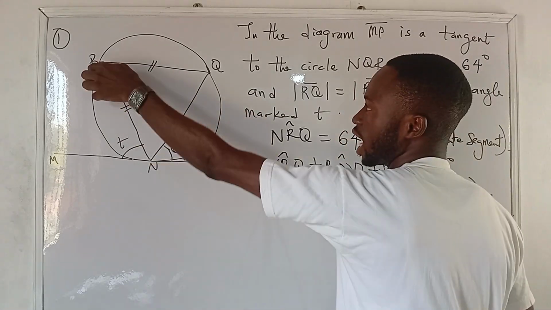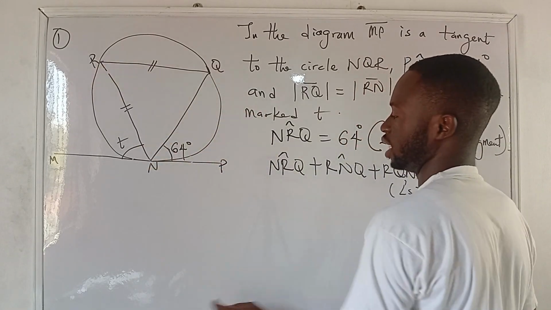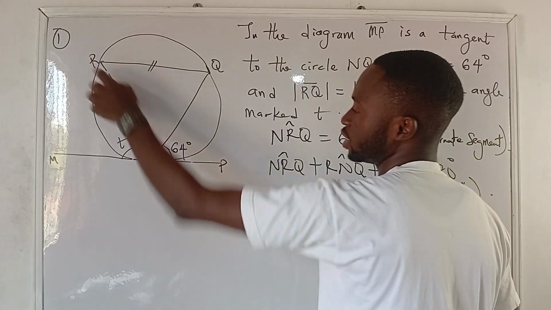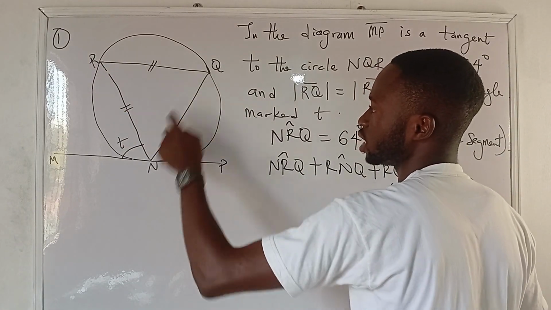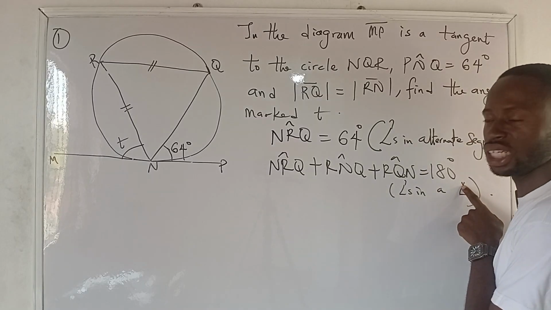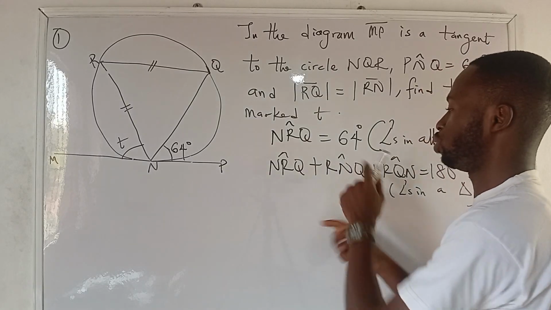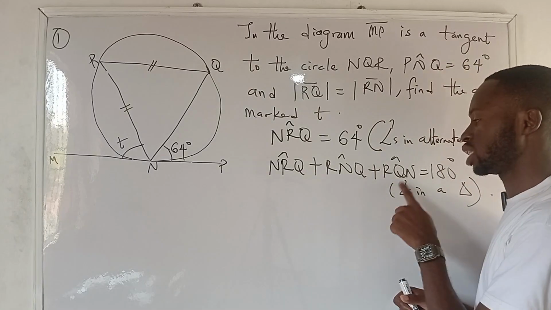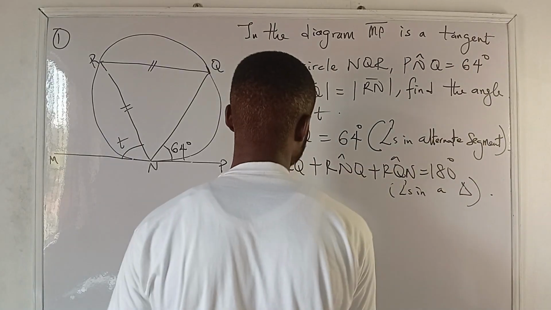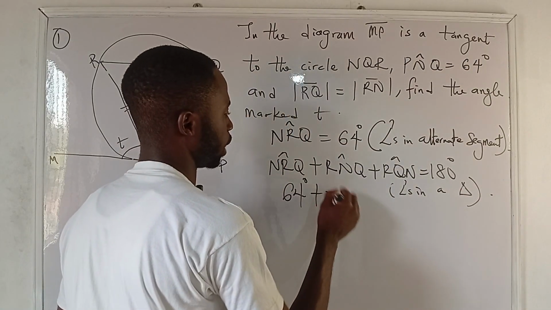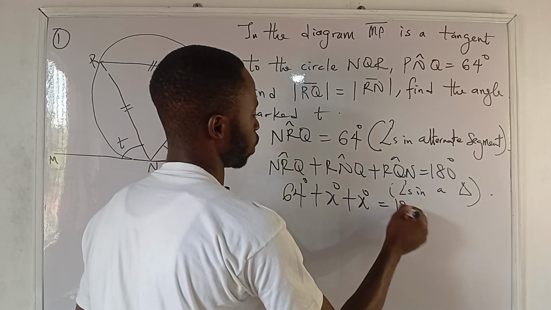That is NRQ, this angle that is here, then we have RNQ, this angle that is here, and RQN, this angle. So the sum of these three angles will give us 180. Now we know that NRQ is 64 degrees, and we've just said that the two of them are the same, so we can make them any variable. Let's say x. So we would have that 64 degrees plus 2x is equal to 180.